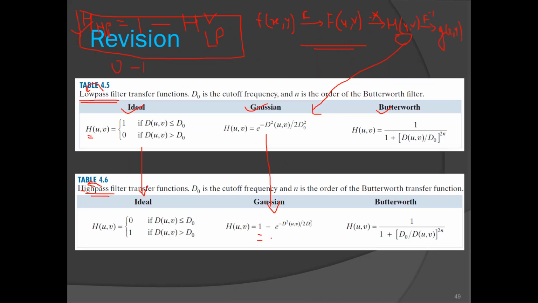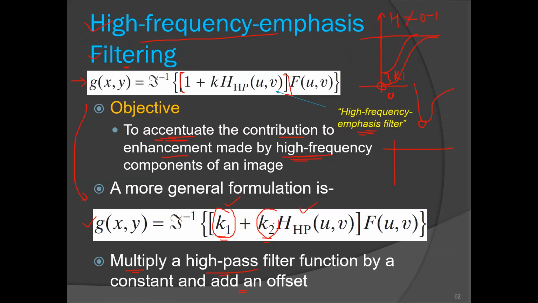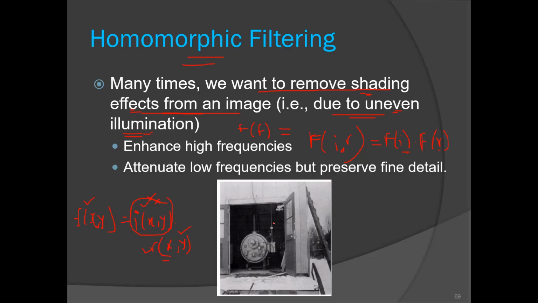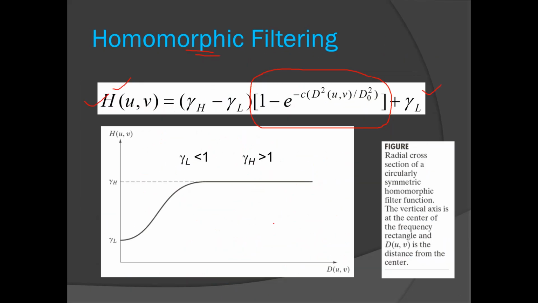It is 1 minus e raised to the power of minus D square divided by D0 square. Actually it is a variant of the Gaussian high pass filter.